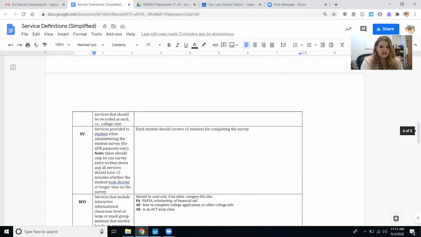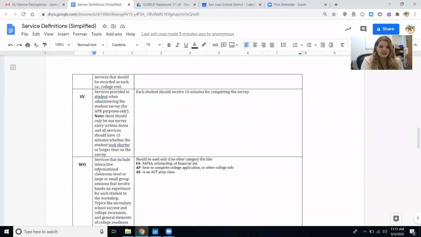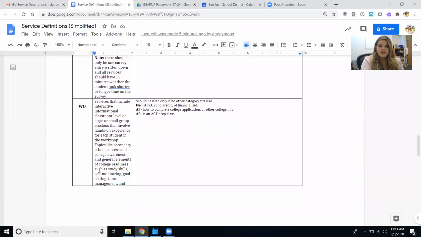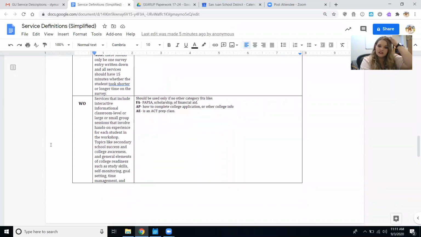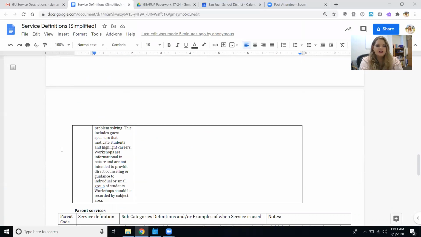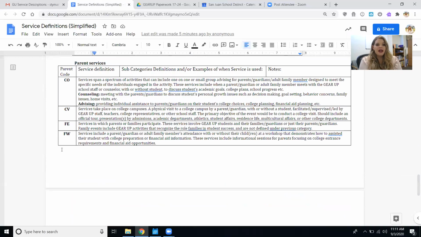So we'll keep coming down. Summer programs, surveys. If you do a FAFSA night, this is a workshop that you would use, WO. Okay, parent codes are different than student codes, which is why we have them on the bottom here.